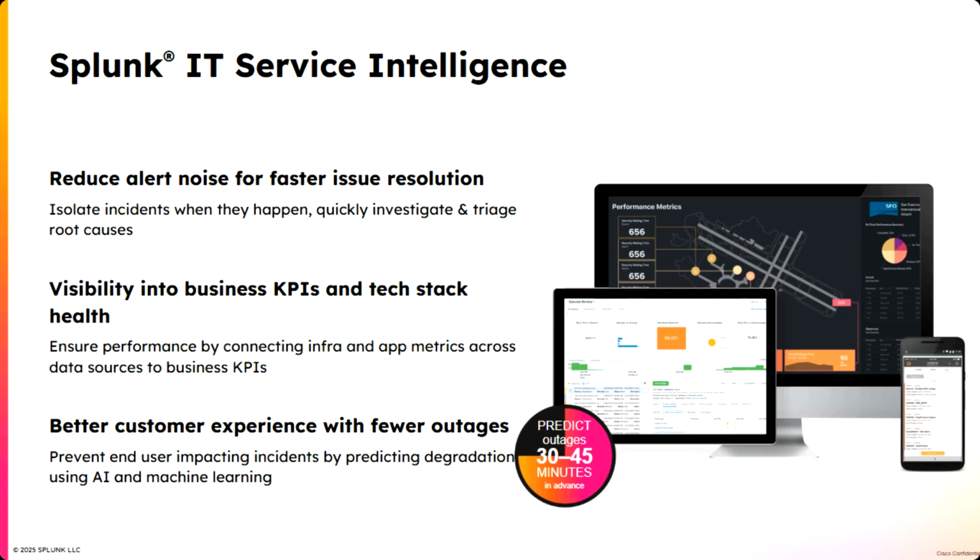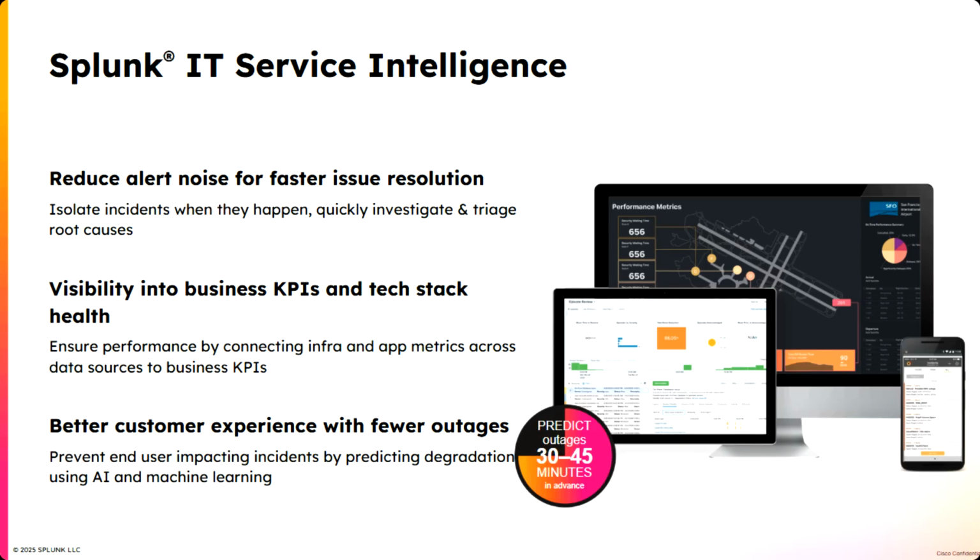And then last but not the least, we also help you move from a more reactive to a proactive posture, right? Reactive troubleshooting is something went wrong, an incident occurred, and now everybody is coming into the war room and trying to resolve that incident. Proactive troubleshooting is you actually get ahead of the situation where you are able to then predict a potential incident or an outage based on the historical trend of your metric data.